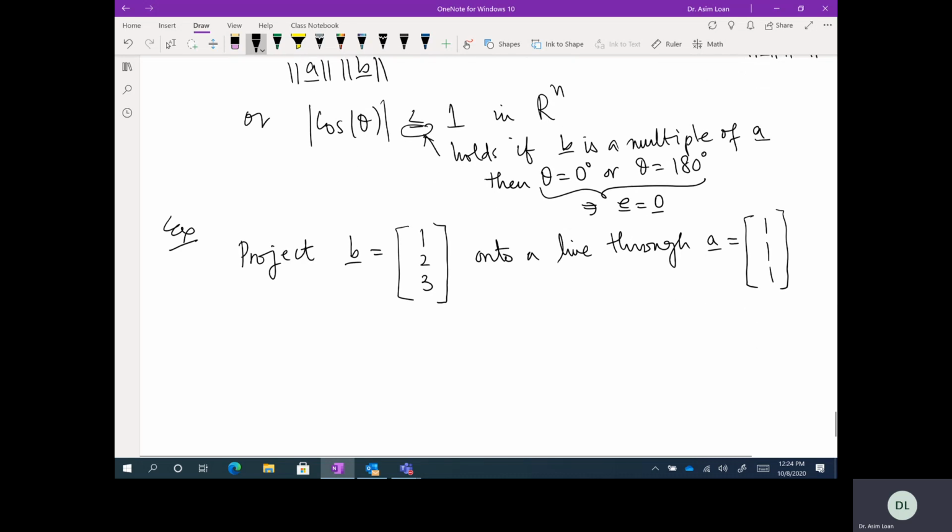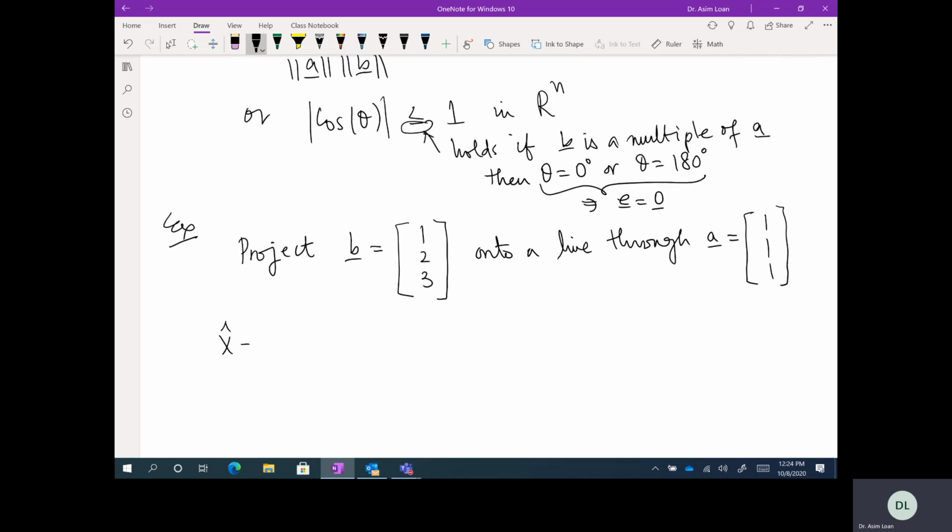So we know x hat is A transpose B over A transpose A. A transpose B is 1 into 1 plus 2 into 1 plus 3 into 1, divided by 1 square plus 1 square plus 1 square.